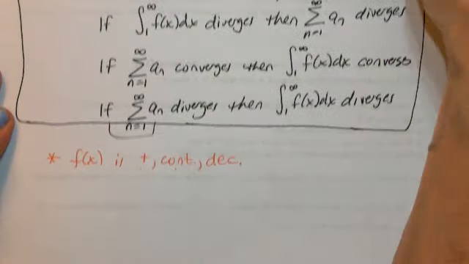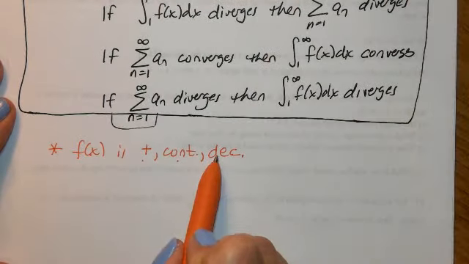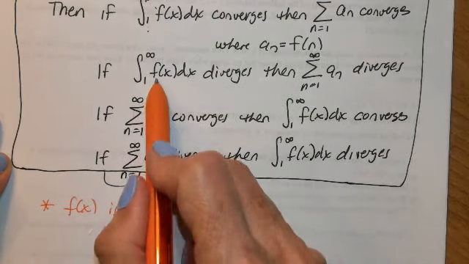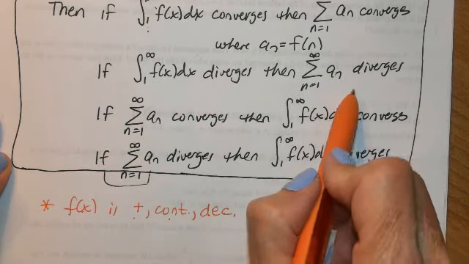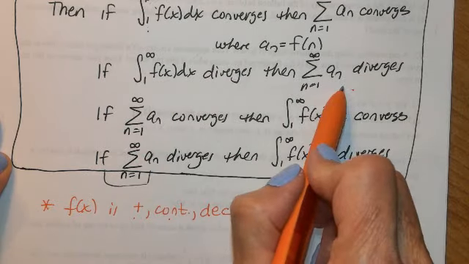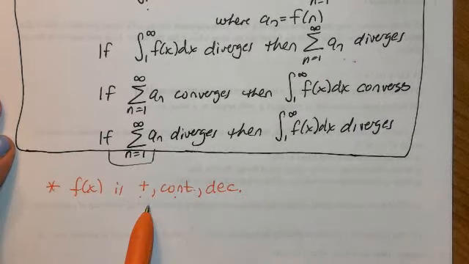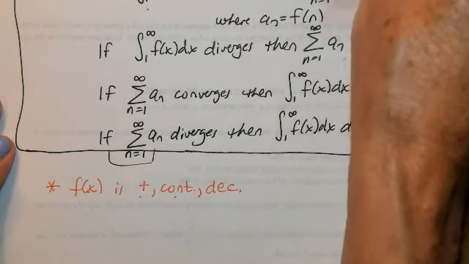Okay? If you don't say this, then these mean nothing. Then you can find the integral, but that doesn't prove anything about the series. Okay? Without stating that. Sound good?